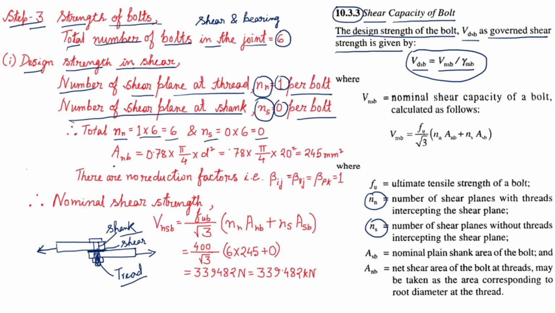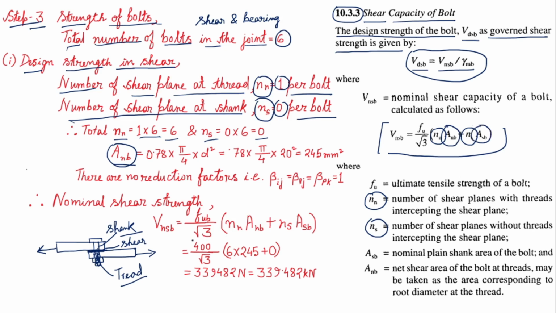Now I have to calculate ANB and ASB. In this formula I have to use NN and NS, similarly ANB and ASB.